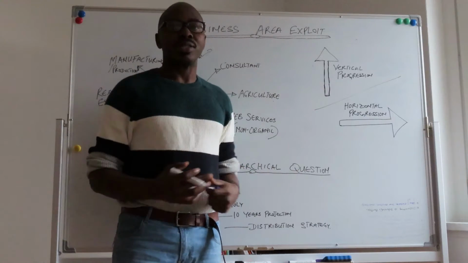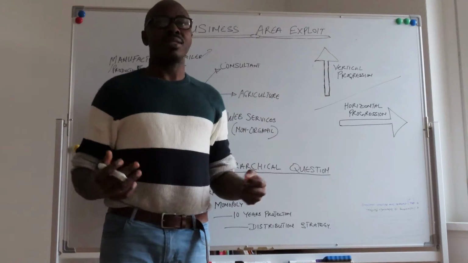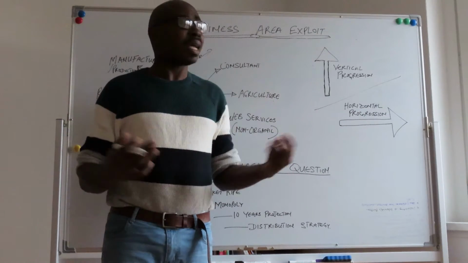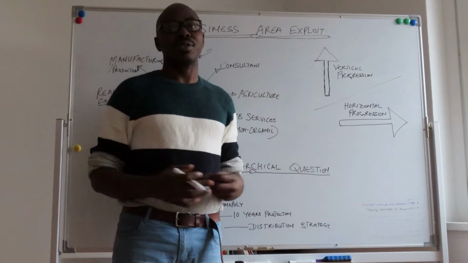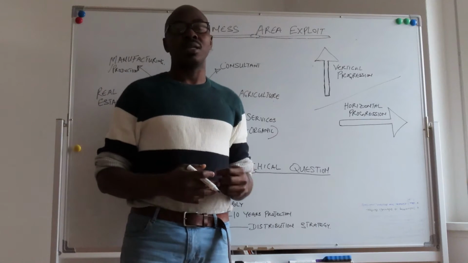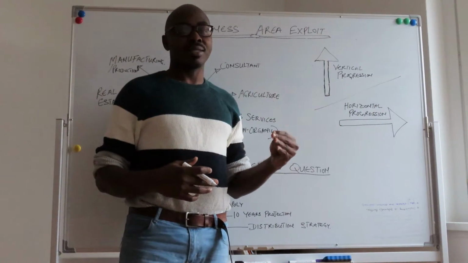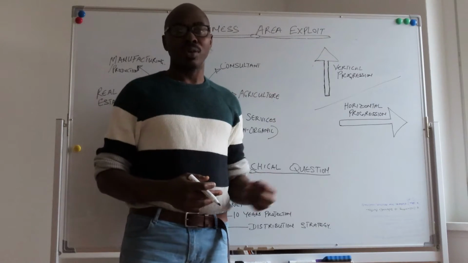So you can look around your environment, your premises, and see if there are no things like that around, then you can easily set up something like that within your community, so that rather than going to a far distance place to buy things, people within your community can always patronize you.